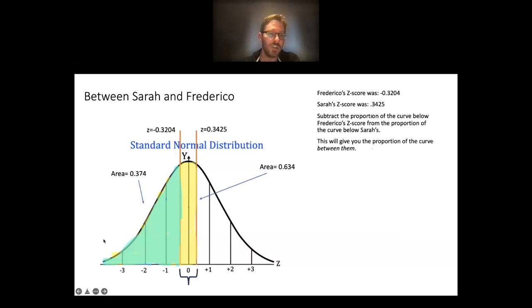So it's all of this yellow here on the left, whereas Federico is higher than about 37%, this area in green, and we want to subtract the area in green from the area in yellow, and that will leave us this small sliver in between the two z-scores. So if we take 0.634 minus 0.374, we see that 26% of GPAs fall between Federico's and Sarah's.